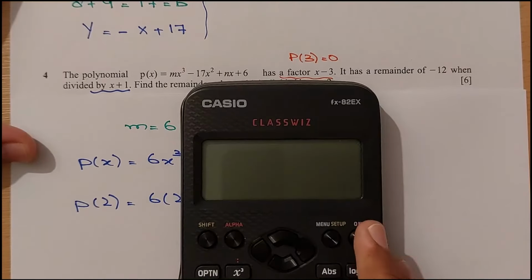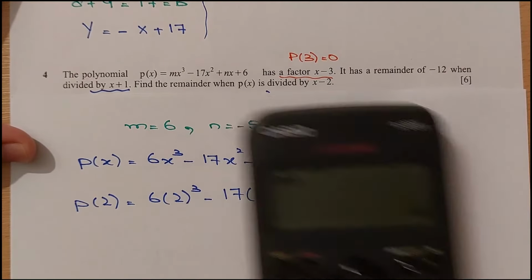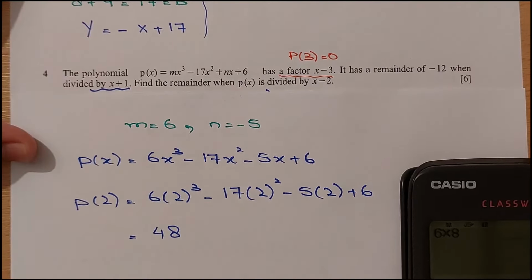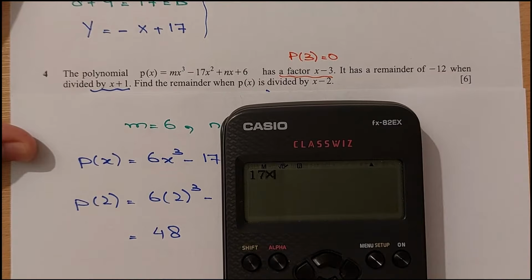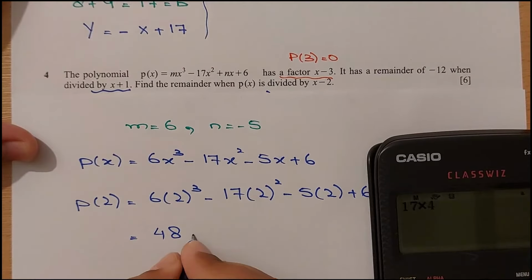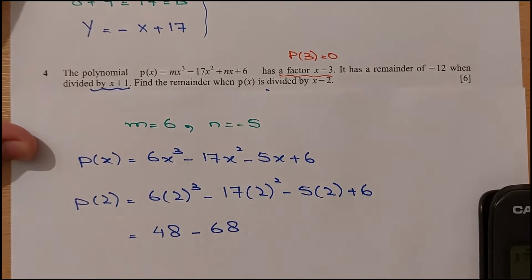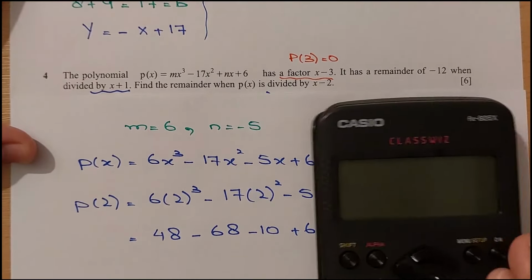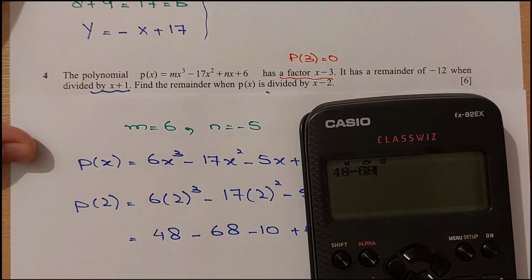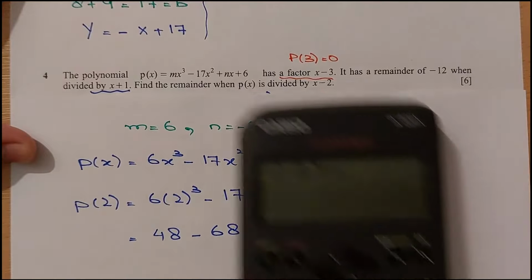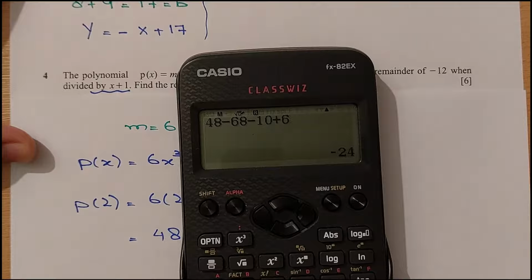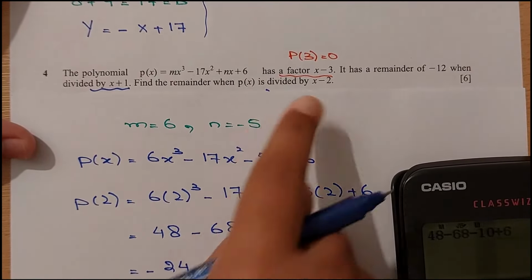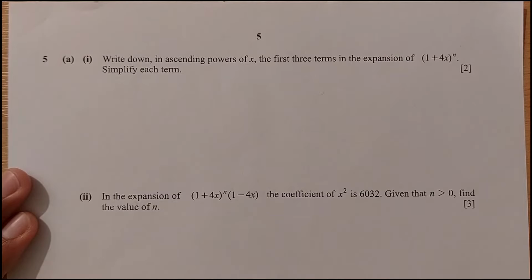So 2 cube is 8 and 6 times 8 is 48. 2 square is 4 and 17 times 4 is 68. 5 times 2 is 10, plus 6. Now 48 minus 68 minus 10 plus 6 is minus 24. So the remainder is minus 24 when the polynomial is divided by x minus 2.